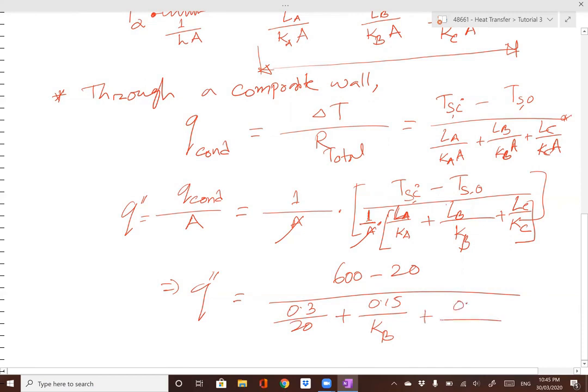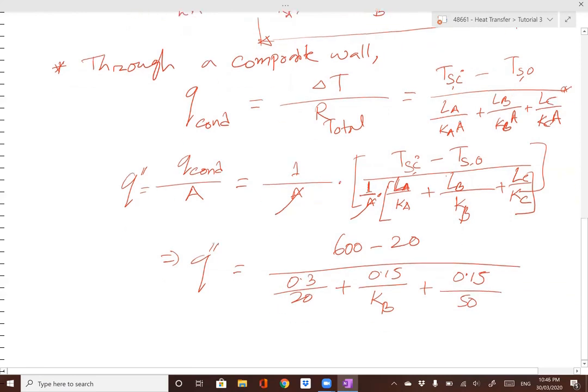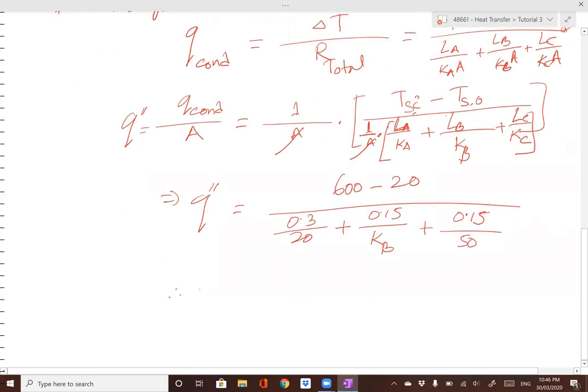Material C length 0.15 and thermal conductivity 50.